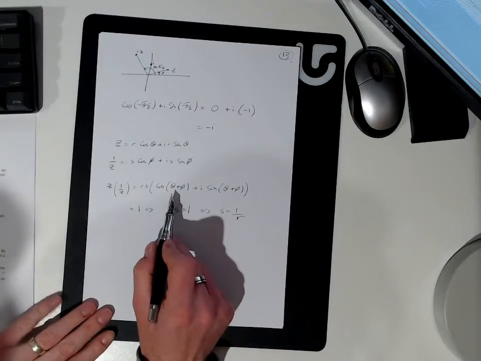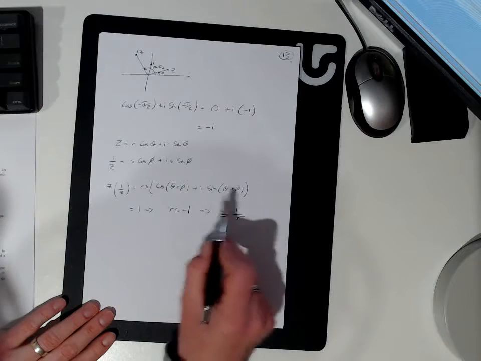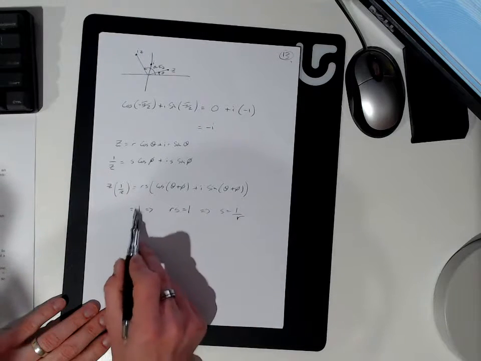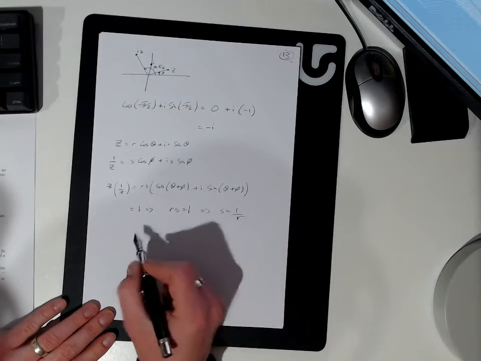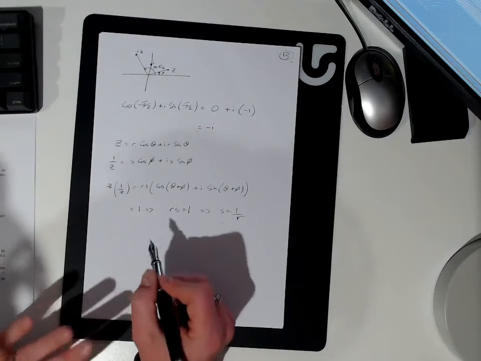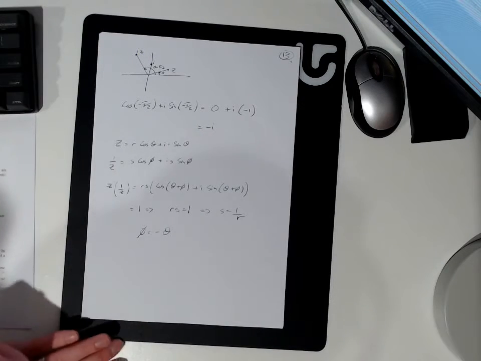And we need this bit here to be 1 and this bit here to be 0, right? Because there's no imaginary part of 1. So that's 0, and that has to be 1, and the obvious choice in this case is that phi equals minus theta.